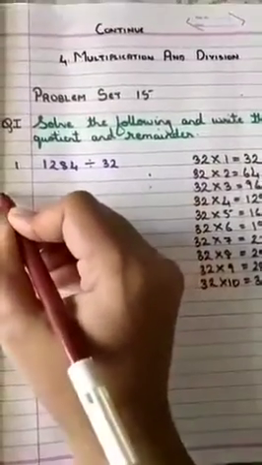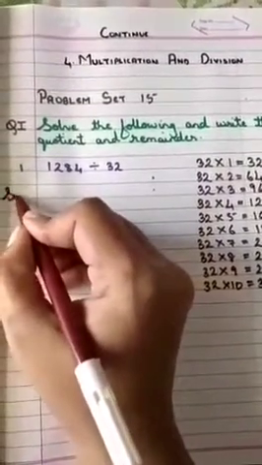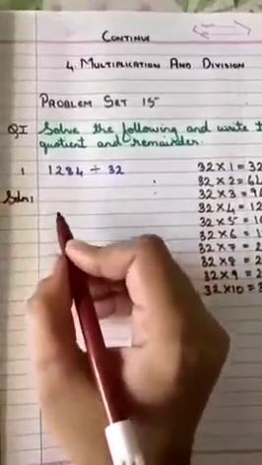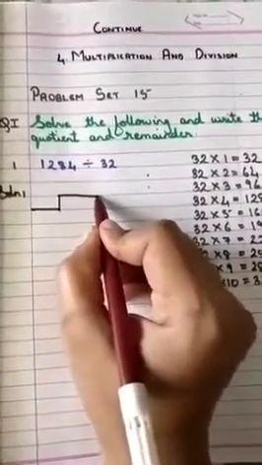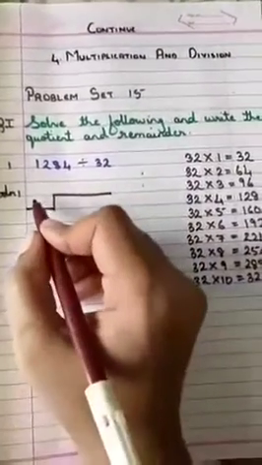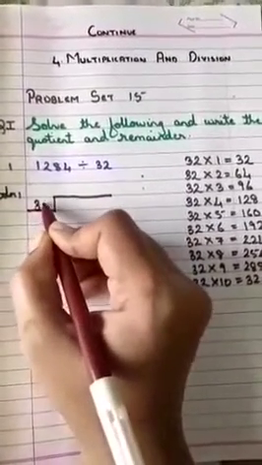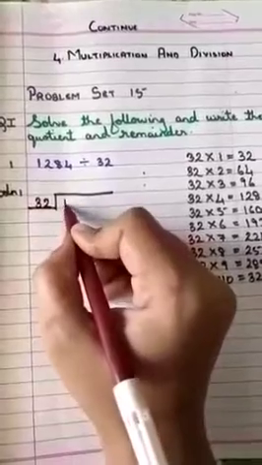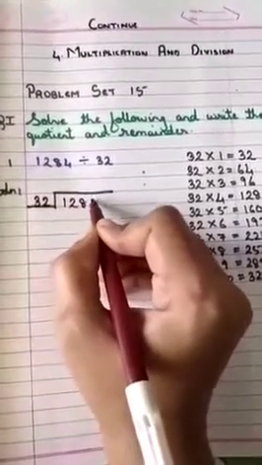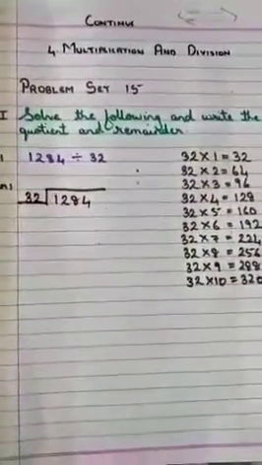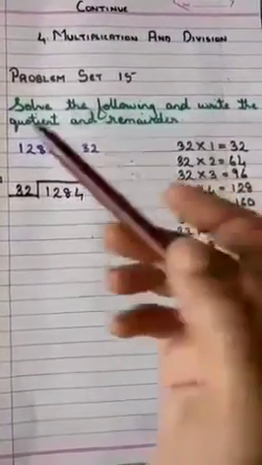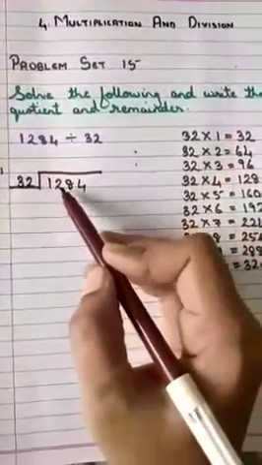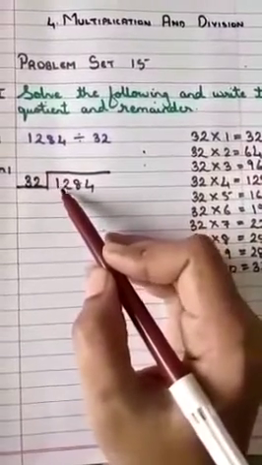So we'll start with this sum. We'll write the solution first. We draw the division with 32 and here it will be 1, 2, 8, 4. Now we have to see the first two digits.